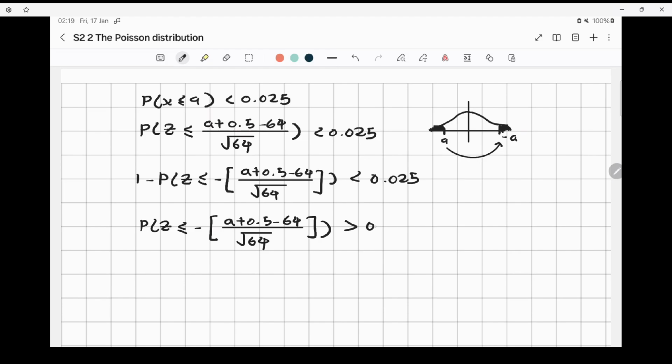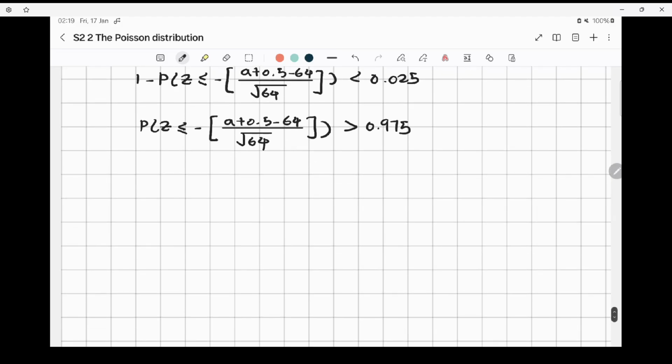Greater than 0.975. So the minus of it has to be greater than 1.96.